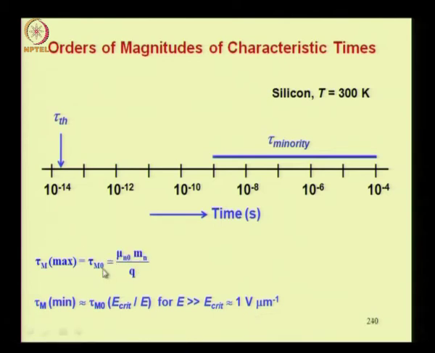Now tau m0 we can readily obtain from the measured values of mobility, because you know the formula mu n0 is q times tau m0 by effective mass Mn. So now I can rearrange that same result to express tau m0 in terms of mu n0 and effective mass, and here I can use measured values of mobility.